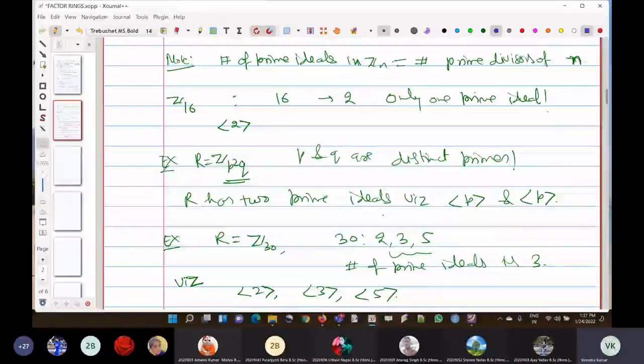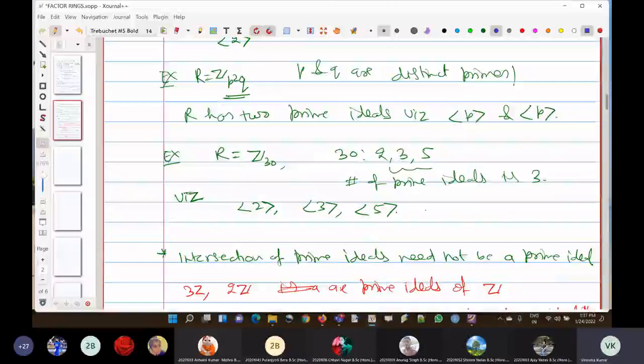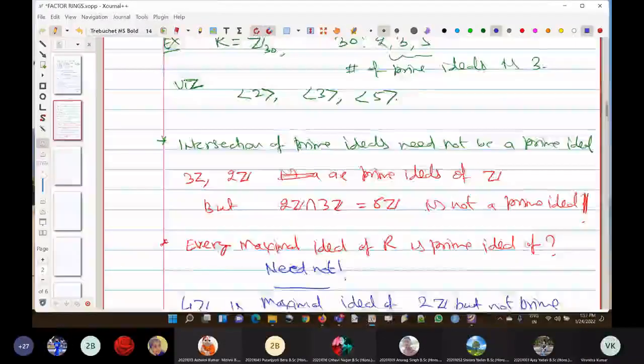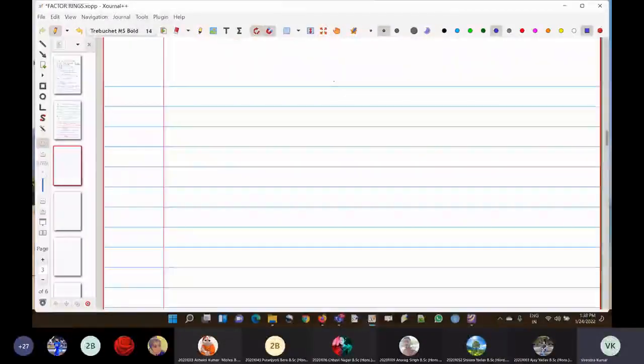Okay, so once we have information about ideals, now let us see the factor ring.